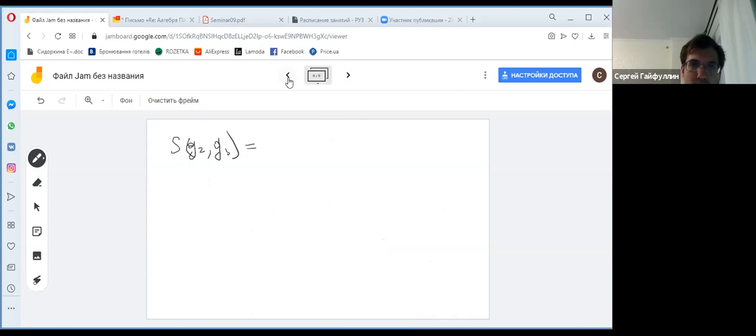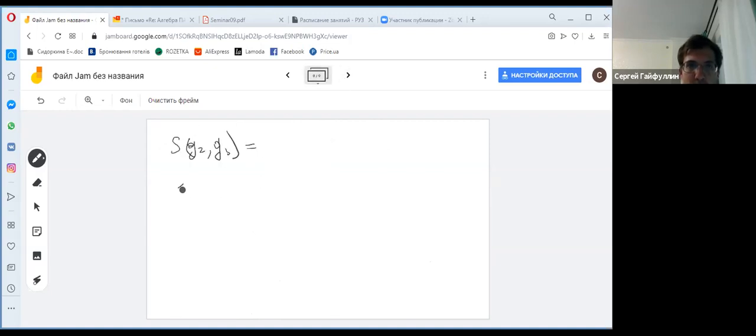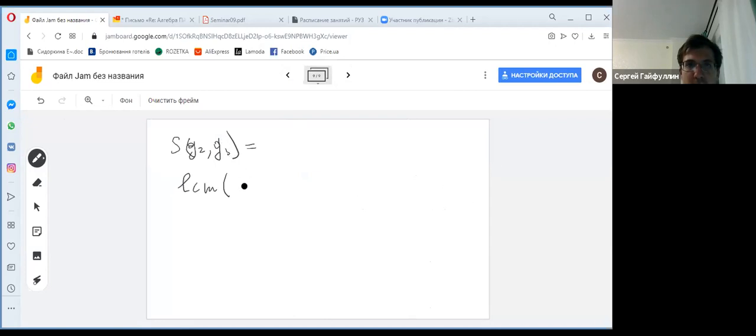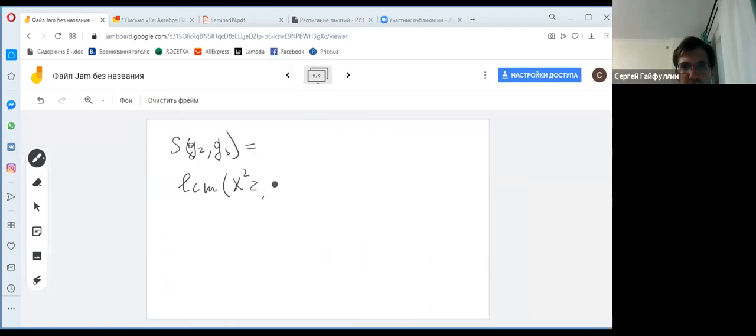Now I should compute the lowest common multiple of the leading term of G2, which is x squared z, and the leading term of G3, which is minus y squared z. Okay, what is it? This is just x squared y squared z.